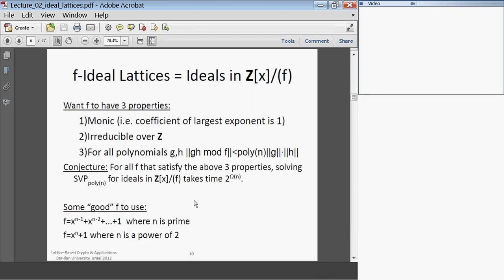So we're getting to the concept of ideal lattices. Conceptually speaking, the goals are the same. We want to reduce a matrix to a vector, but we use a different polynomial. We divide by a different polynomial, and there are three important properties that our polynomials have to satisfy. Those properties enable us to directly use the lattice problems that we discussed in the first lecture.